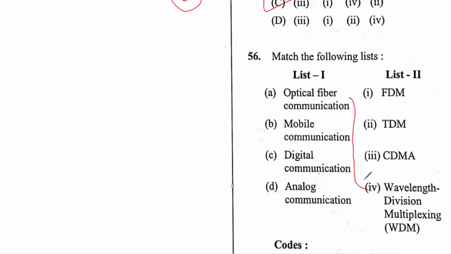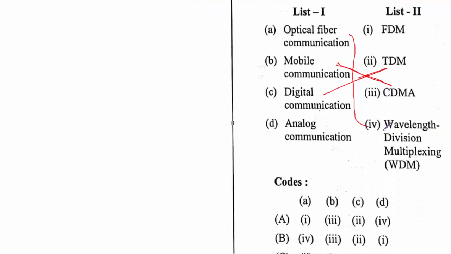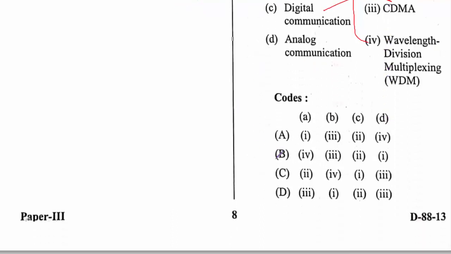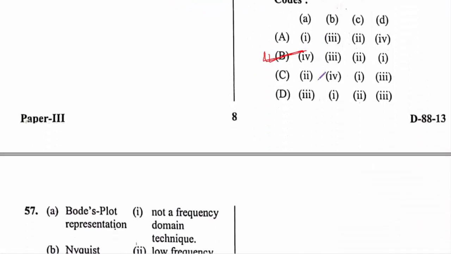In mobile communication, we make use of code division multiplexing, where a dedicated channel is kept for a particular user. For digital communication, we make use of TDM, and for analog communication, we make use of FDM. Based on this, I will get option B as the correct statement.